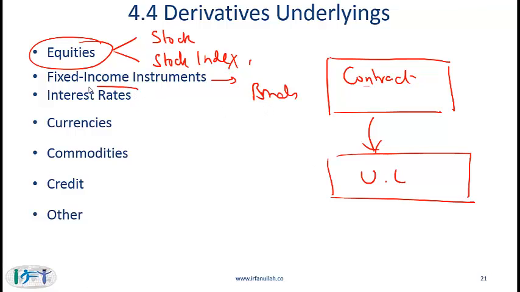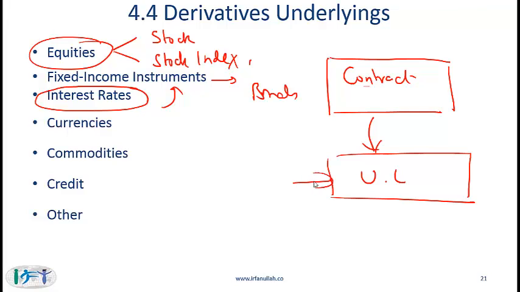Next we come to interest rates. While interest rates are obviously related to fixed income instruments, note that here the underlying is not really an asset. That is why very often in the curriculum, as well as in books on derivatives, the underlying is simply referred to as the underlying as opposed to saying the underlying asset.